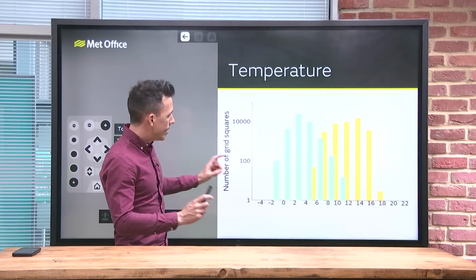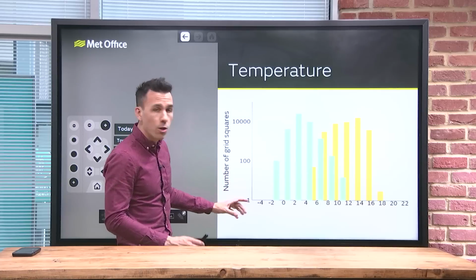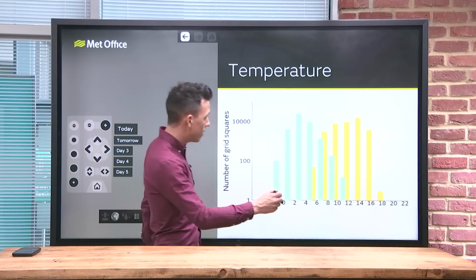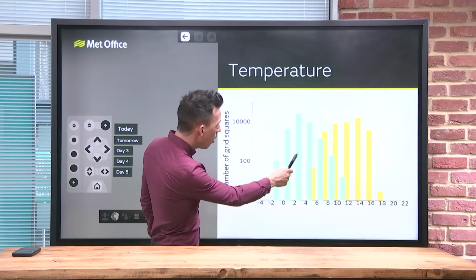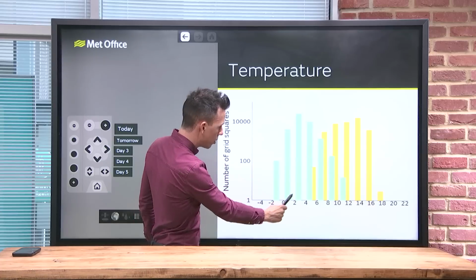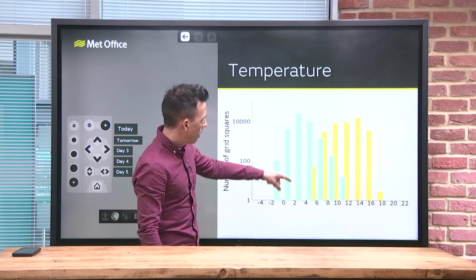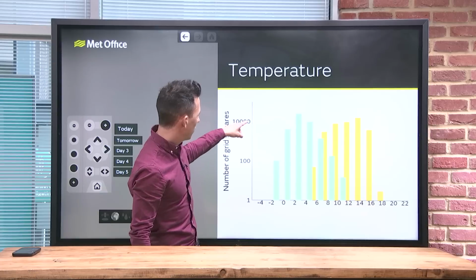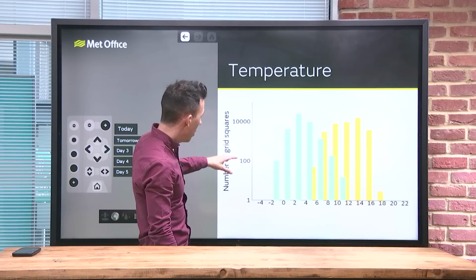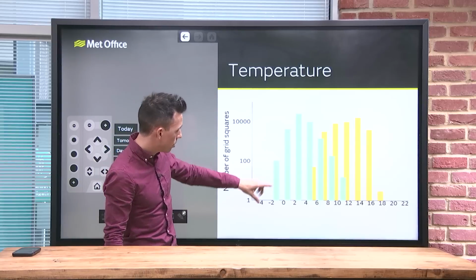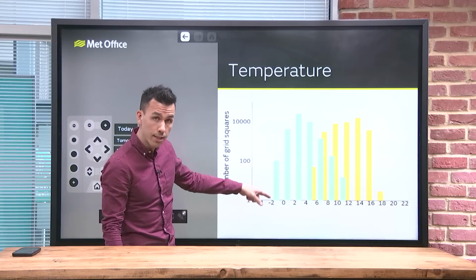Now, what this is showing is that Wednesday morning's minimum temperatures are mostly going to be in the range of 2 to 6 degrees. That's where these highest counts are, up to 10,000 grid squares, okay? But there are a few grid squares, 100 or so, that are showing below freezing. So that's what that's showing.